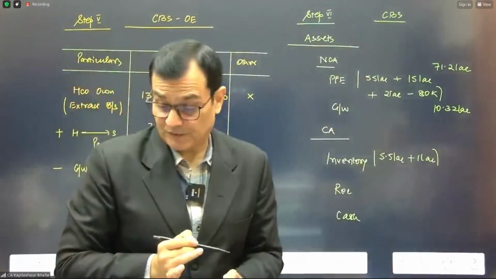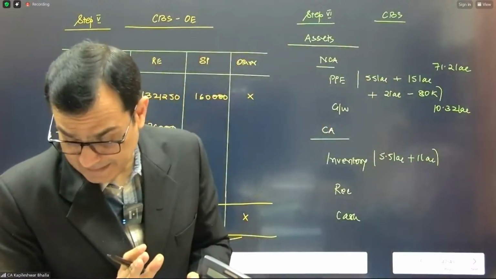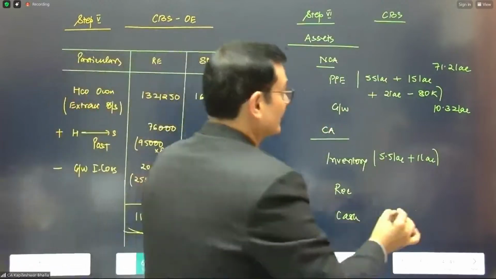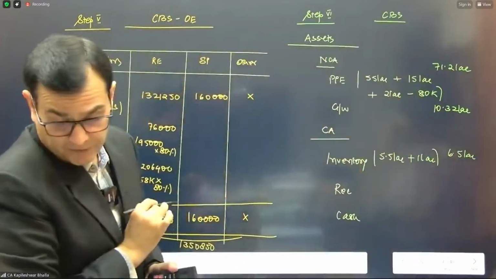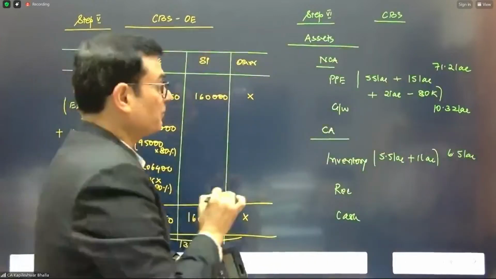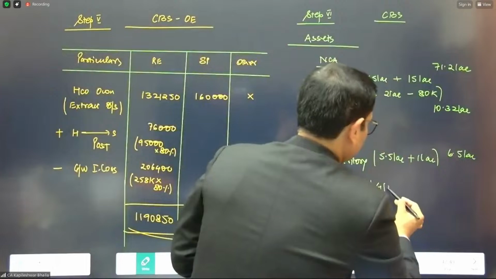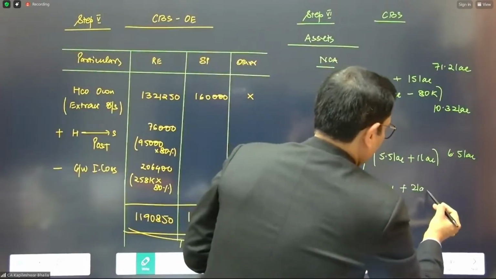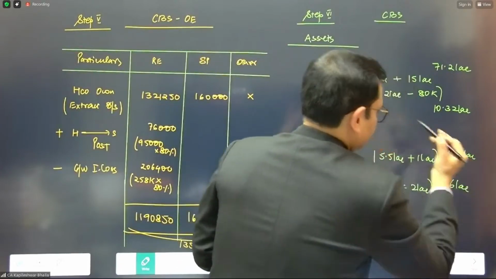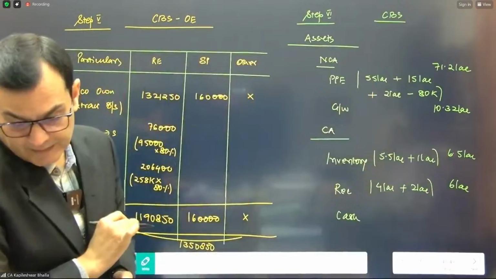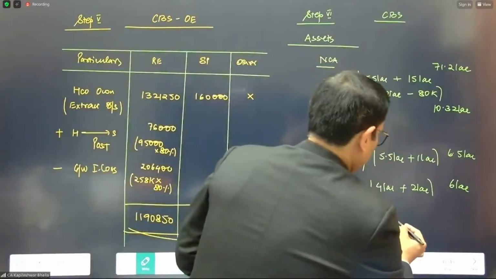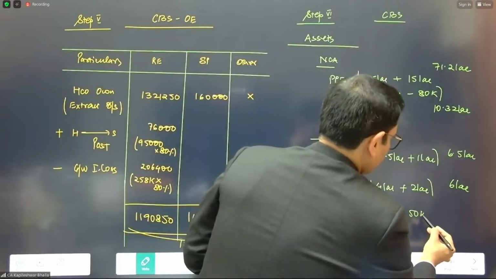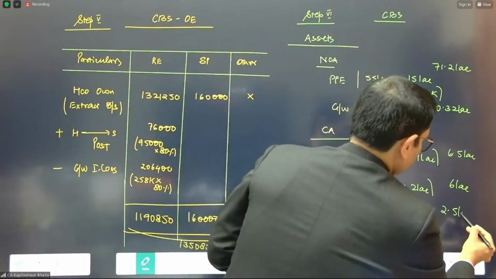There is no stock reserve either. So that remains at 5.5 plus 1, that is 6.5 lakhs. In terms of receivables, it is 4 plus 2, no intercompany owings, nothing. So that appears at 6 lakhs. Then there is cash, which is 2 lakh plus another 50,000, that makes it 2.5 lakh.